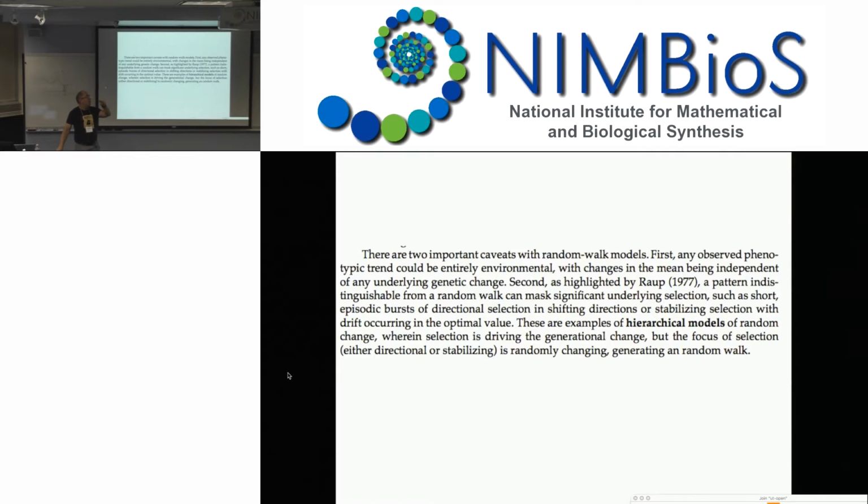So simply seeing the data conform to a random walk doesn't rule out selection, because you could have stabilizing selection where that optimal value is a random walk that itself is changing over time. So you'd pick up a random walk and you'd say it isn't selection, but selection could underlie. He called this a hierarchical model. So selection is driving the generational change, but the focus of selection is randomly changing, generating a random walk.